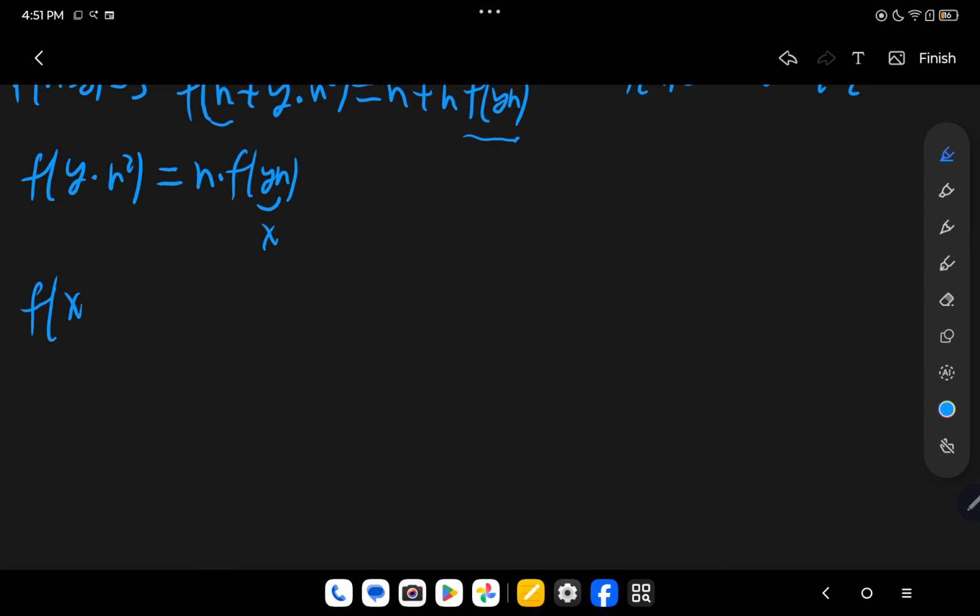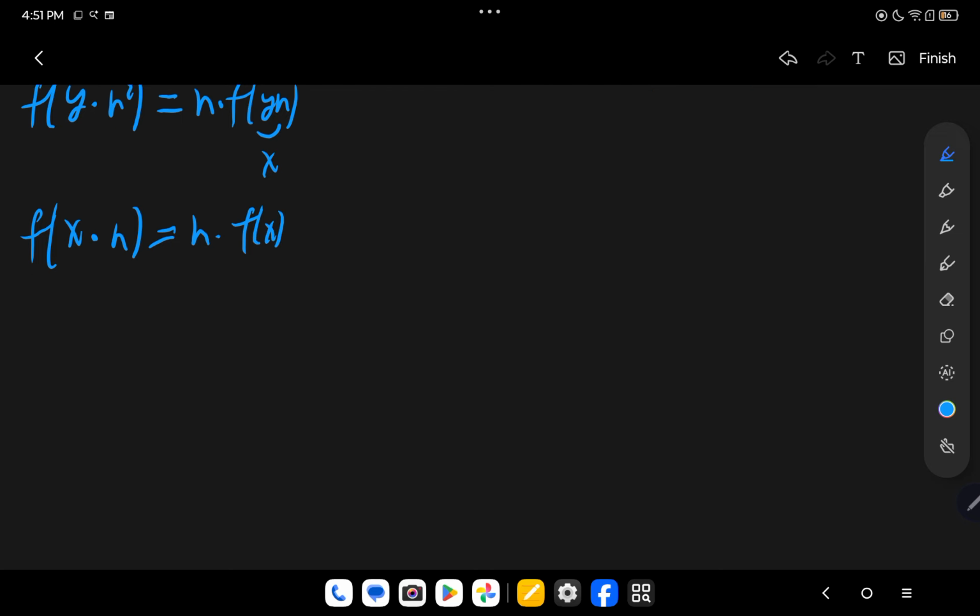So we get f(x) times n is equal to n times f(x). And we can use this, but for simple writing, we let n equal to 2. So we get f(2x) is equal to 2f(x).